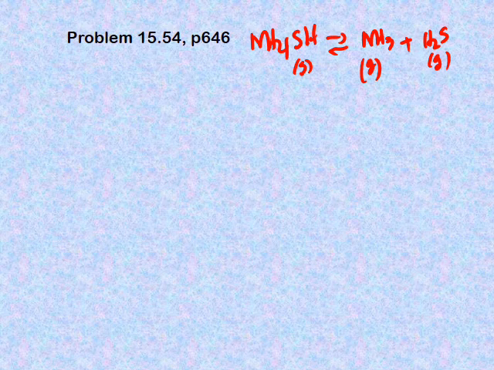Let's write this down more clearly. The solid ammonium hydrogen sulfide, NH4SH, is the solid, and the other two are gases. Now what is given here? The Kc value, 1.2 times 10 to the negative 4.